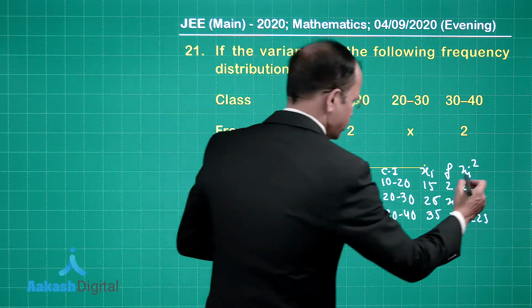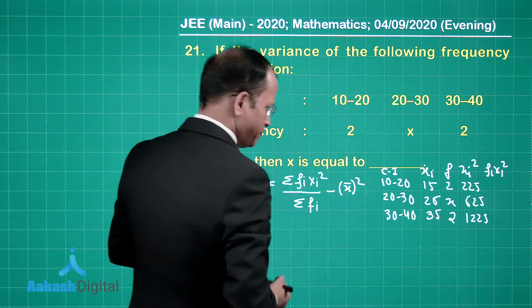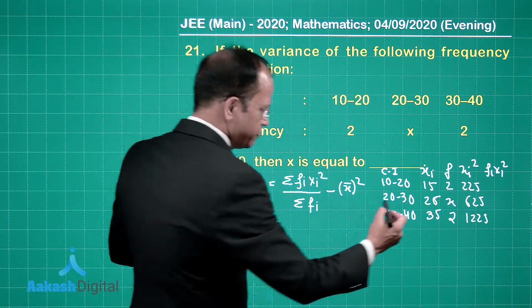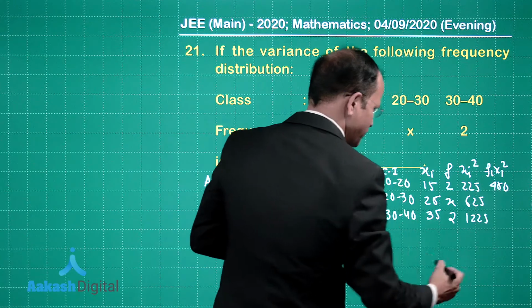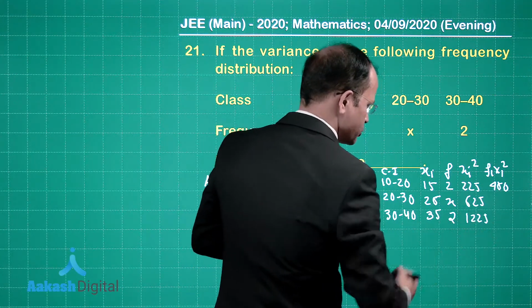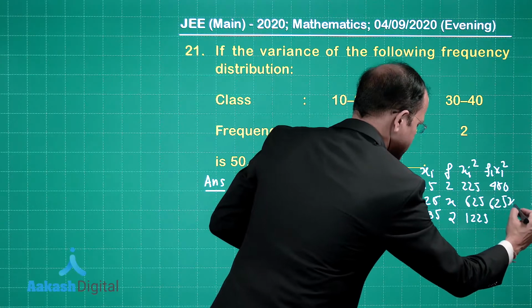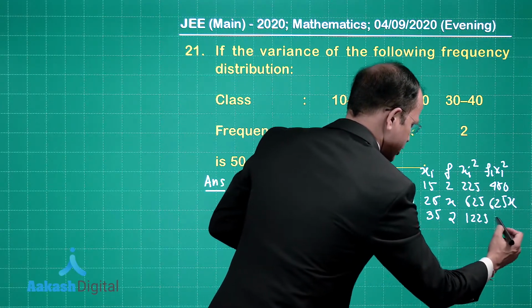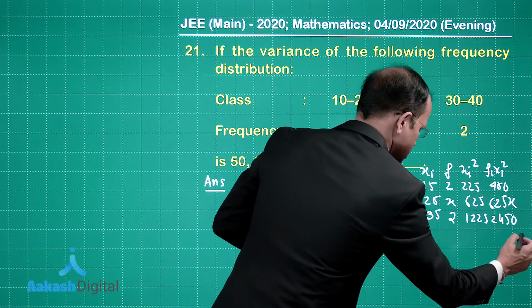So if we multiply this with 2, we have 450, then we have x into 625, so 625x. Then we have fi into xi square, 1225 times 2, that means we are coming out with 2450. So this is what we have.